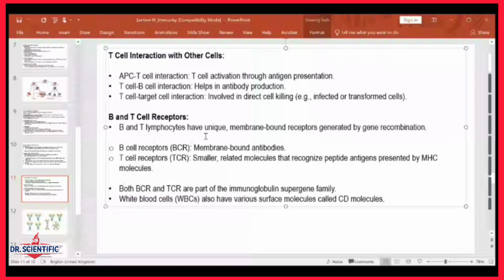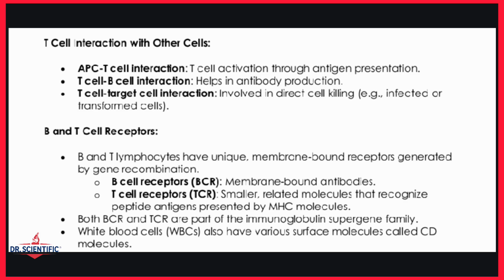Then we have something called the B cell and T cell receptors. T and B receptors. These are just receptors where, of course, the B cell will interact with membrane antibodies through the B cell receptor.